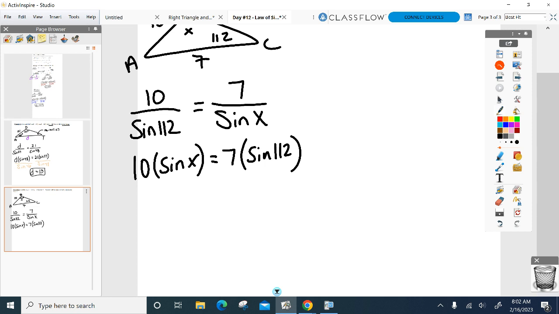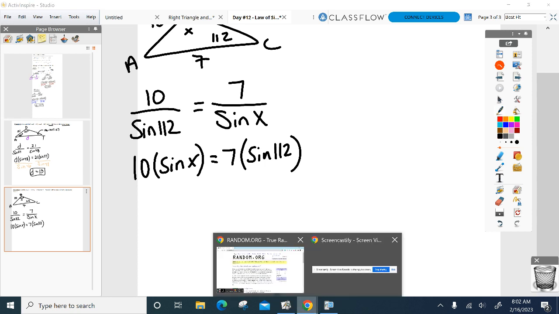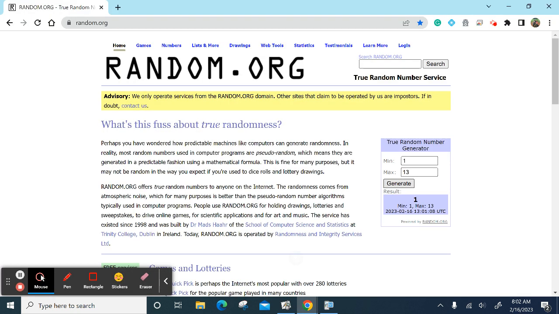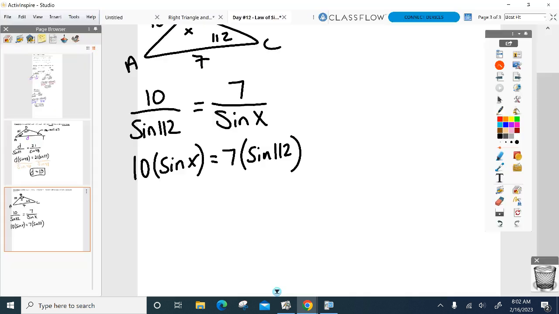We're not solving for x yet. Get the sine x by itself. So how do I get rid of the 10 now? I want to get rid of the 10 so sine x is by itself. How do I get rid of the 10? Divide. Yep, good job. So everyone with me, divide both sides by 10.